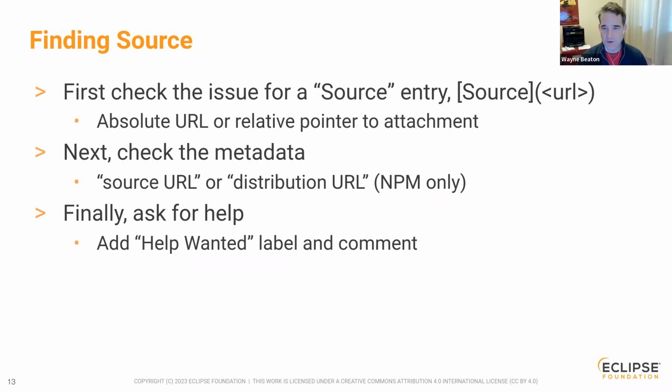One of the things we have on our list is to have it know how to just grab a Git repository. That's pretty straightforward. It's just a matter of actually implementing it. You can provide either an absolute URL to a resource, or you can just drag and drop a zip file onto the description, and it will know what to do with it, with a relative URL for an attachment in GitLab.